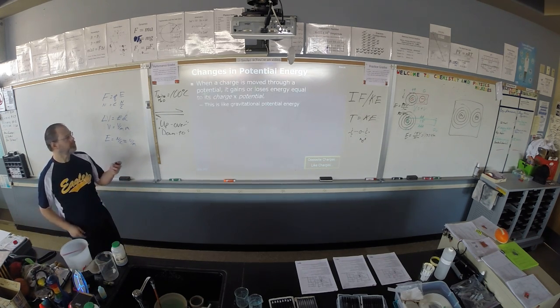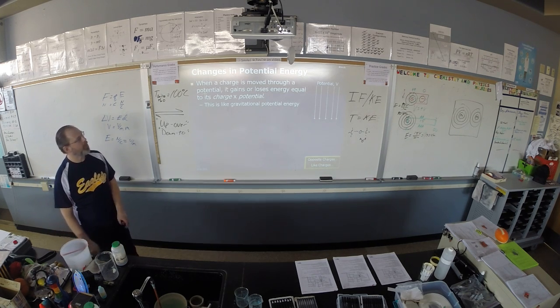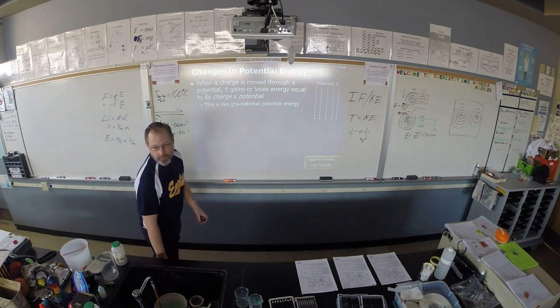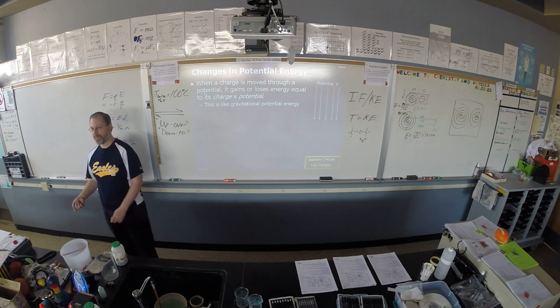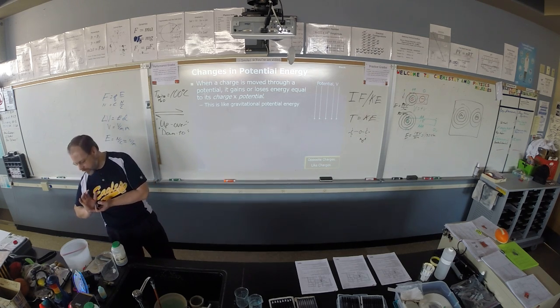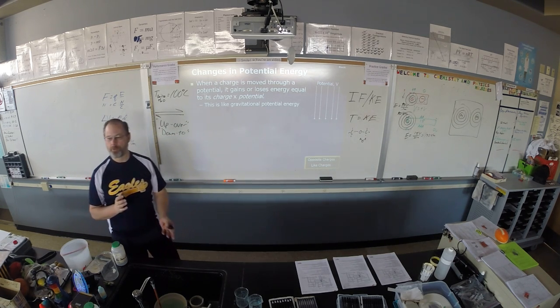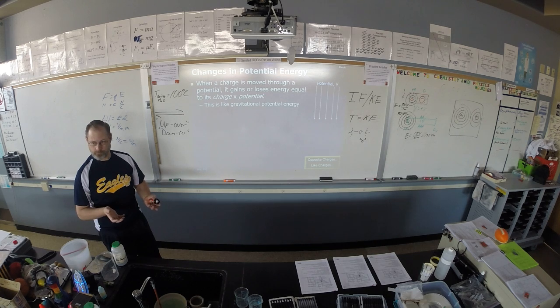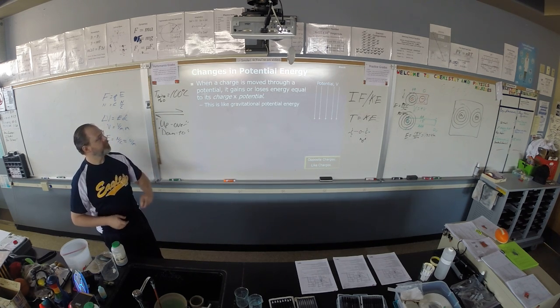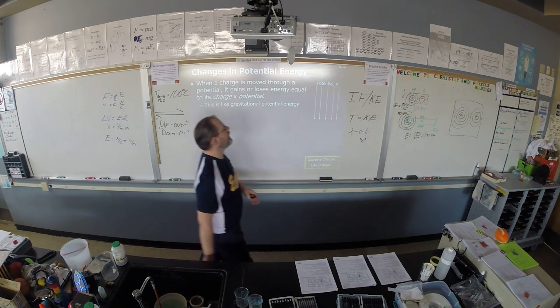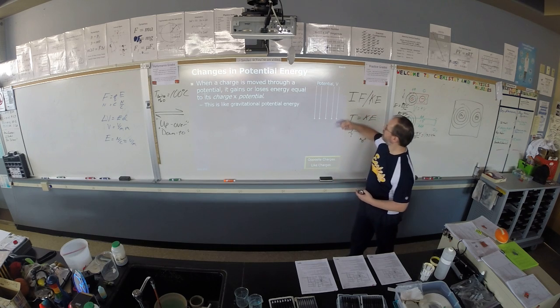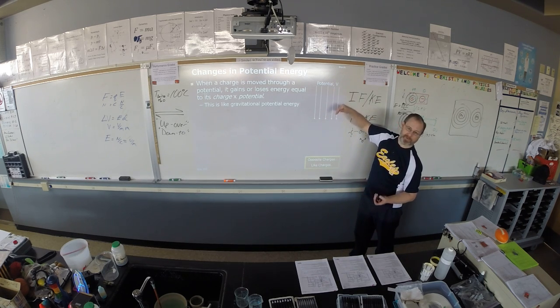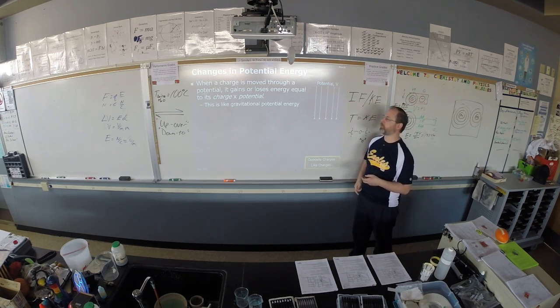Same thing. If you put a charged particle in a potential, it's going to take energy to push that charged particle through the potential. So there's a potential. I'm drawing the potential in a downward direction for reasons that hopefully will make sense in a little bit.